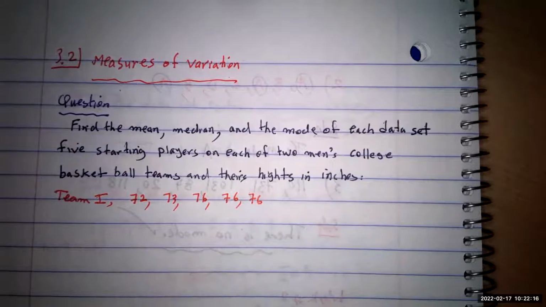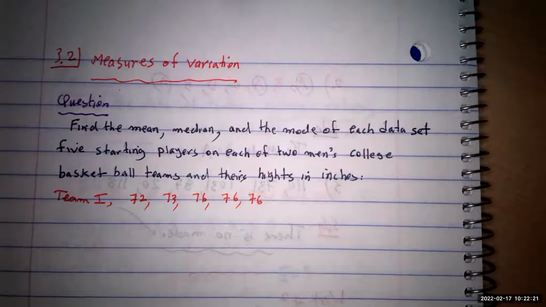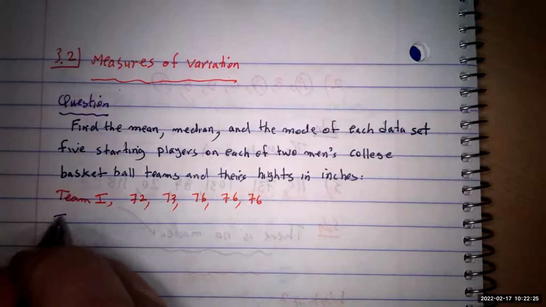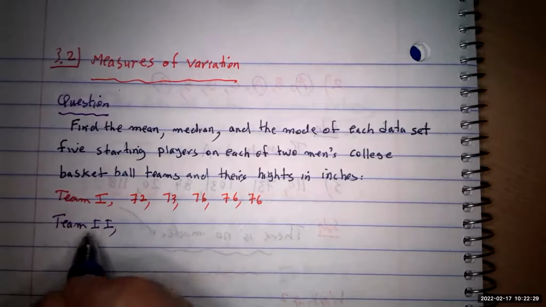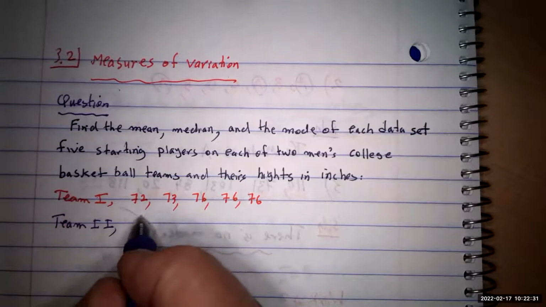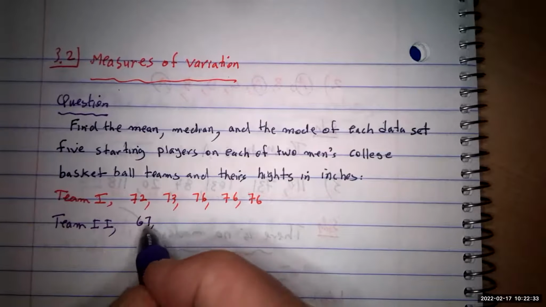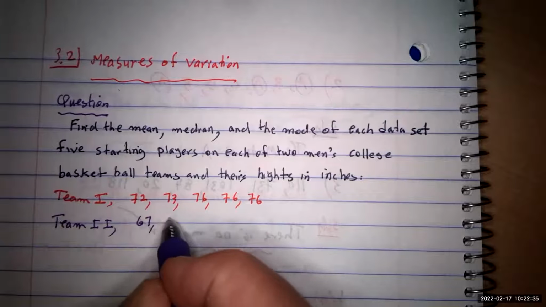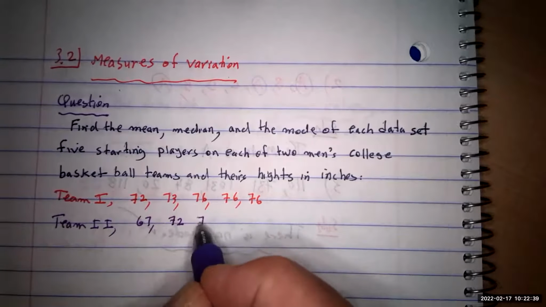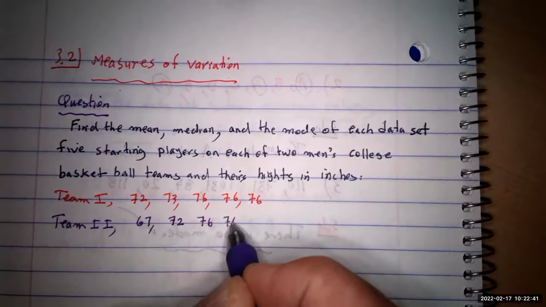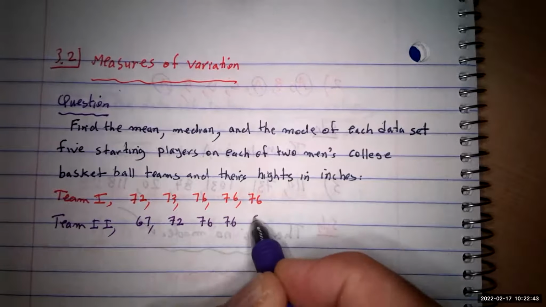So this is what would happen for the first team. And we have another team, our second team. The heights are going to be 67 inches, 67, 72, 76, 76, and 84.